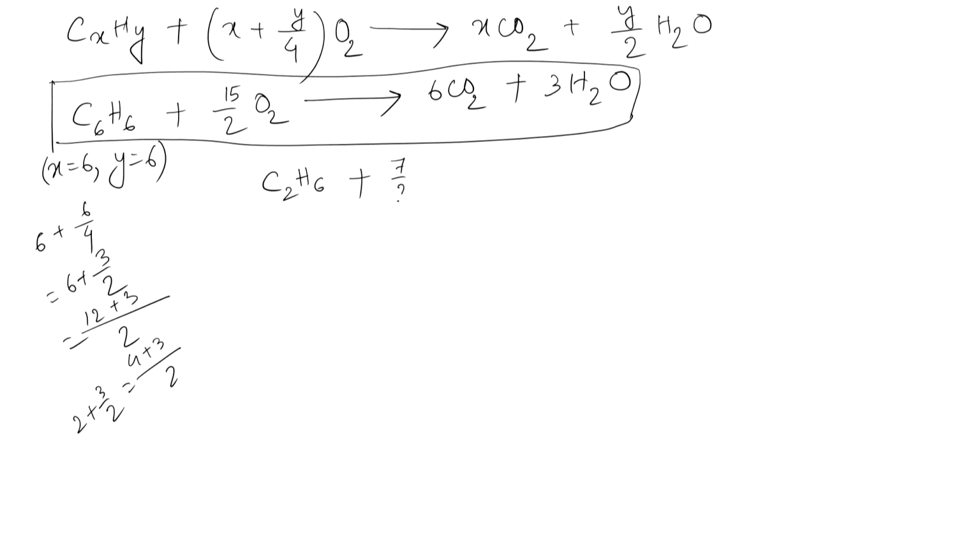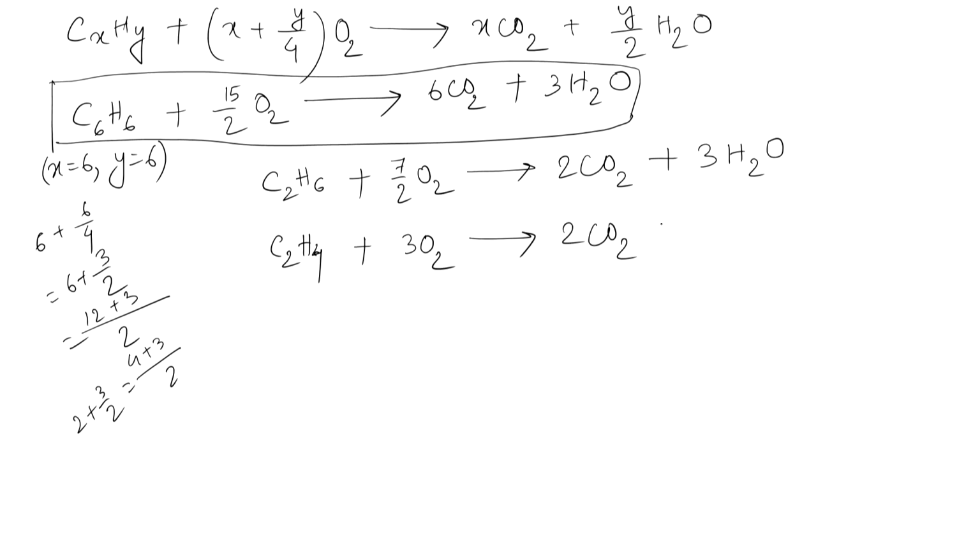That is 7 by 2 oxygen gives 2 CO2 plus 3 H2O. Okay. Now, if we take ethene, C2H4, so we get 2 plus 1, that is 3 oxygen gives 2 CO2 plus 4 by 2, that is 2 water.